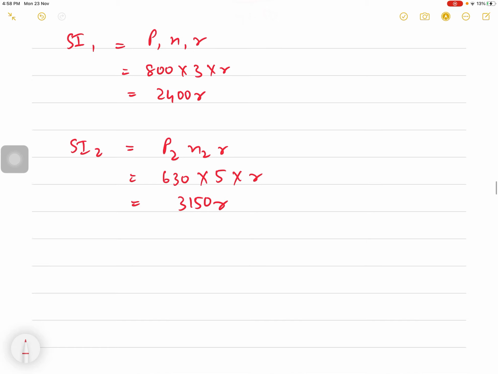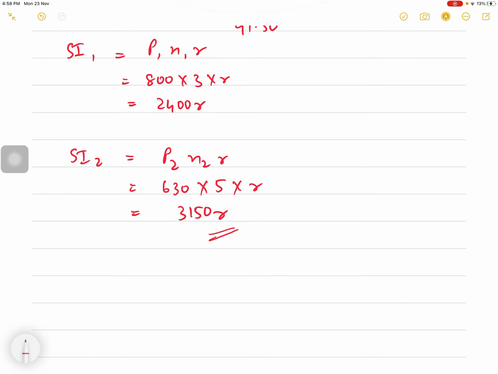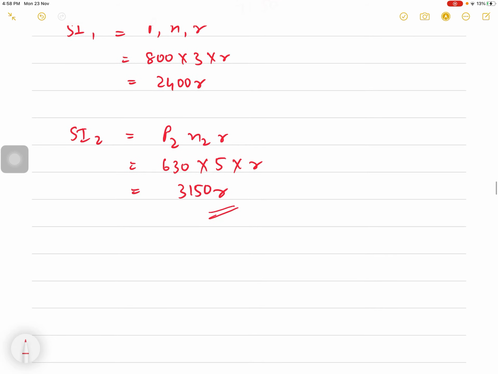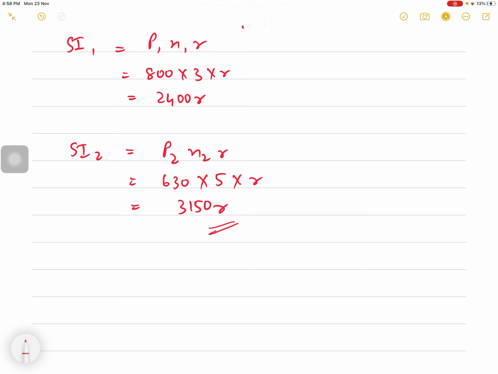3150 R. Okay, which is greater? SI2, simple interest 2, is greater, right? So the difference between both the interests is 41.50.